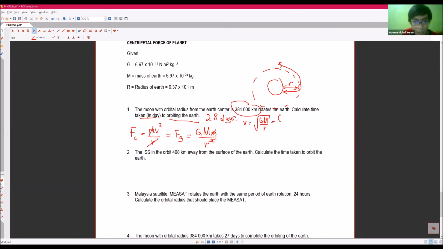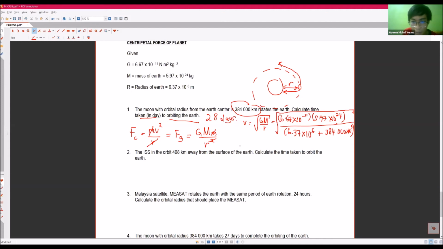So big G is 6.67 times 10 to the negative 11, the mass of the Earth 5.97 times 10 to the power of 24, divided by the radius of the Earth, 6.37 times 10 to the power of 6, plus the orbital radius, 384,000 times 10 to the power of 3.